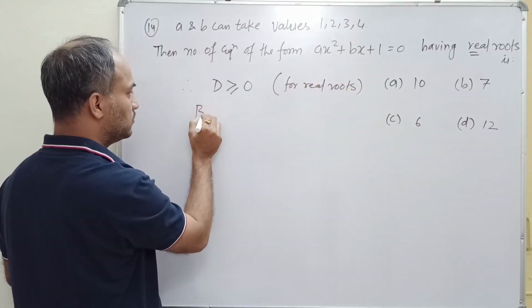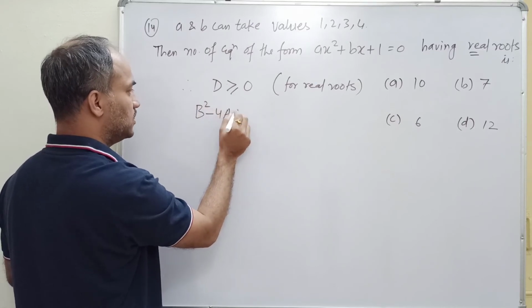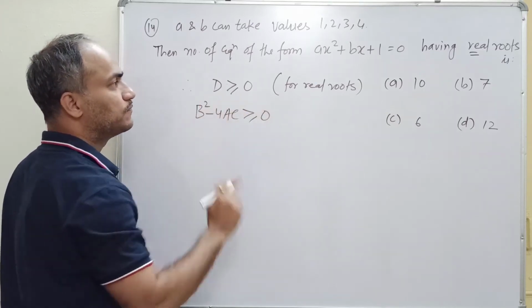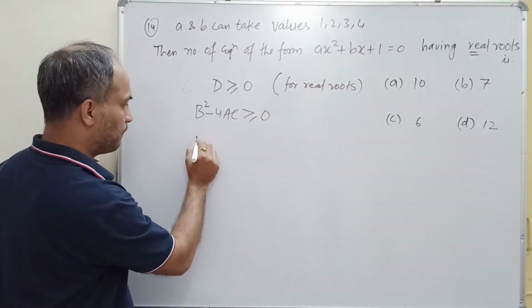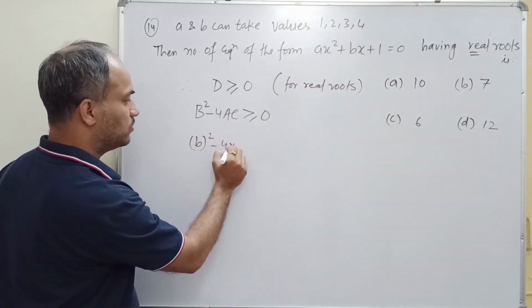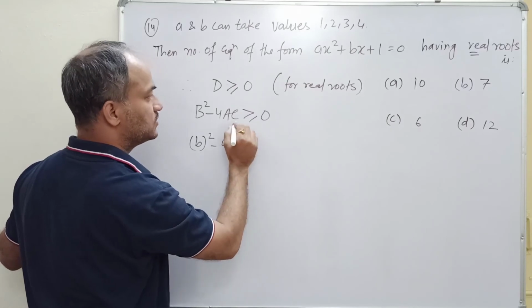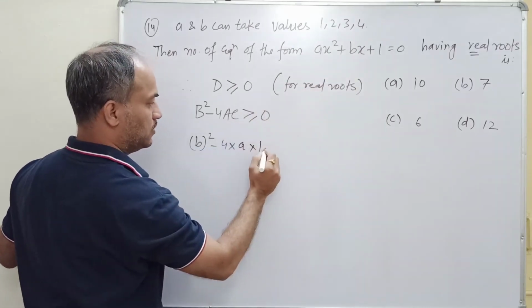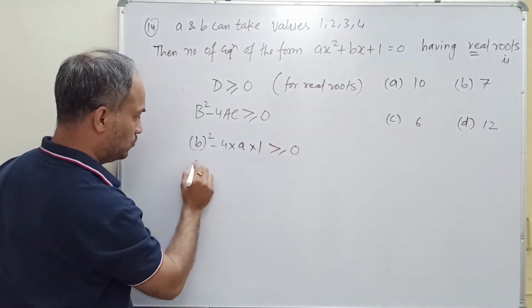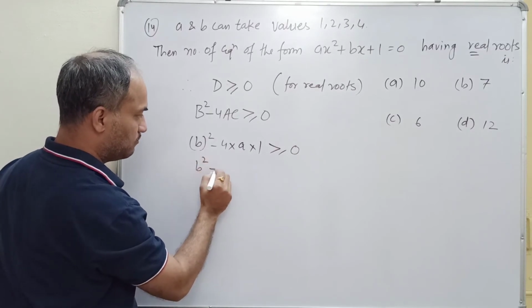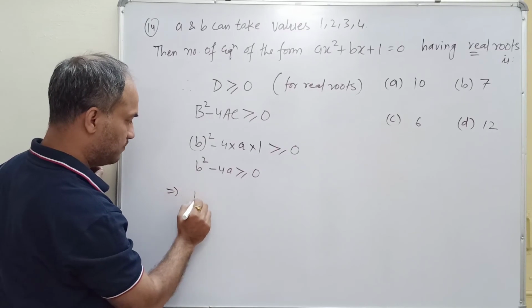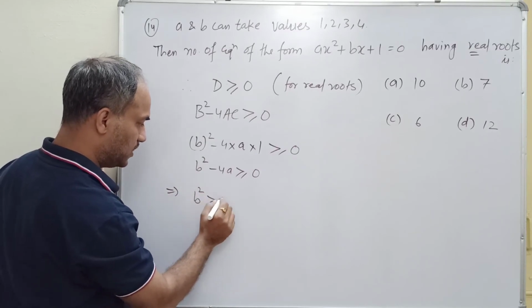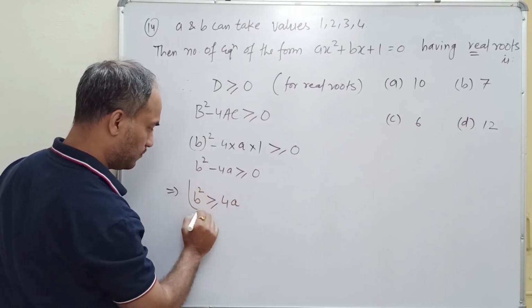It means b square minus 4ac greater or equal to 0. Let us put the values: b square minus 4 into a only, c is 1, greater or equal to 0. So b square minus 4a greater or equal to 0, so we get b square is greater or equal to 4a.